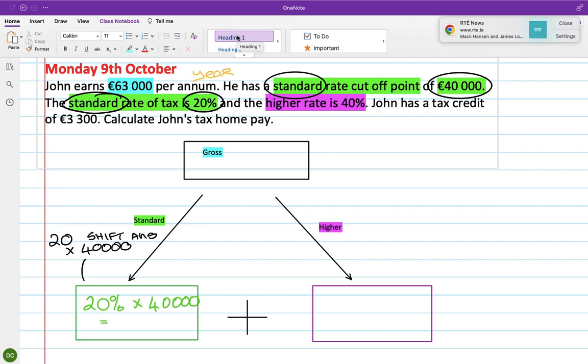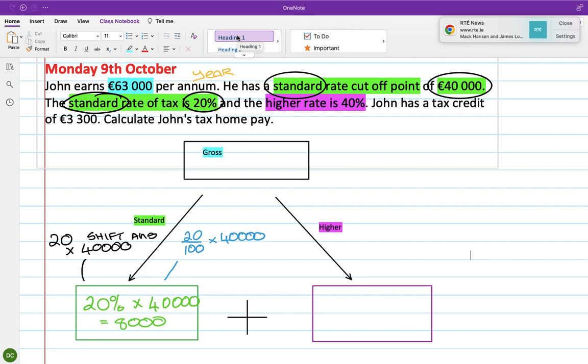If you have the newer calculators, they don't have a percentage button. So you have to write the percentage as a fraction using the fraction button, which is very straightforward. It's just 20 over 100. So you do 20 over 100, you multiply that by 40,000, and you should also get 8,000.